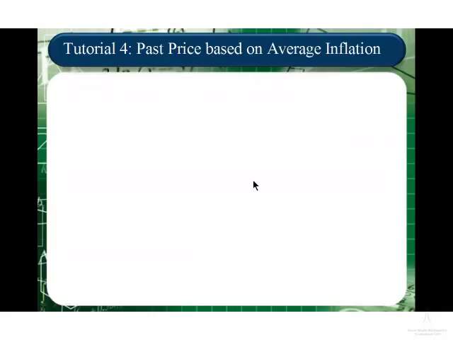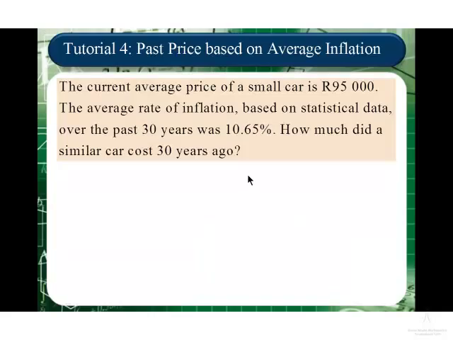Let us consider the solution for tutorial 4. Here we have the problem once again. In this case, we're looking at a growth period over 30 years, and it started 30 years ago. So the price of a small car right now is 95,000 Rand.